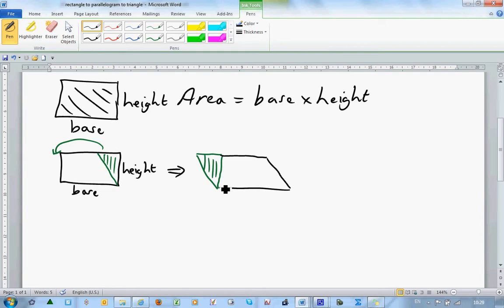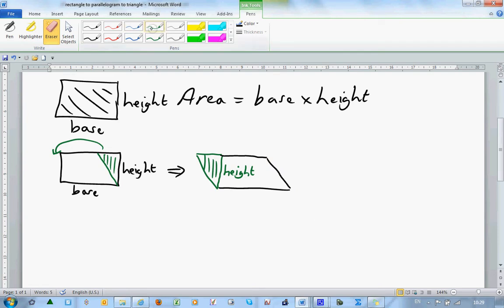Now notice what we've got. This is the height, not the sloping side. Not that. That is not the height. The height that we're talking about is the perpendicular height, the straight up and down height, the height that's at 90 degrees.